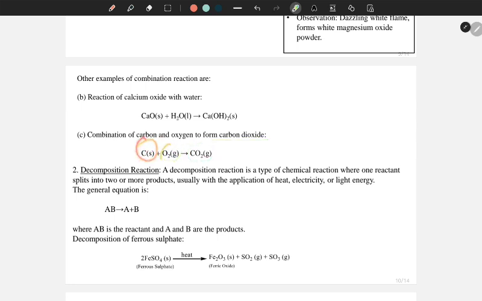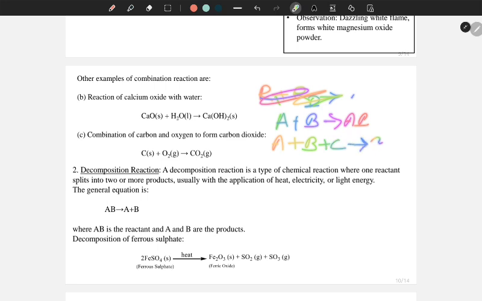So here two reactants react and give a single product. So this is an example of combination reaction. When two or more than two reactants react and give a single product, then this is an example of combination reaction. So here it will be ABC like this.